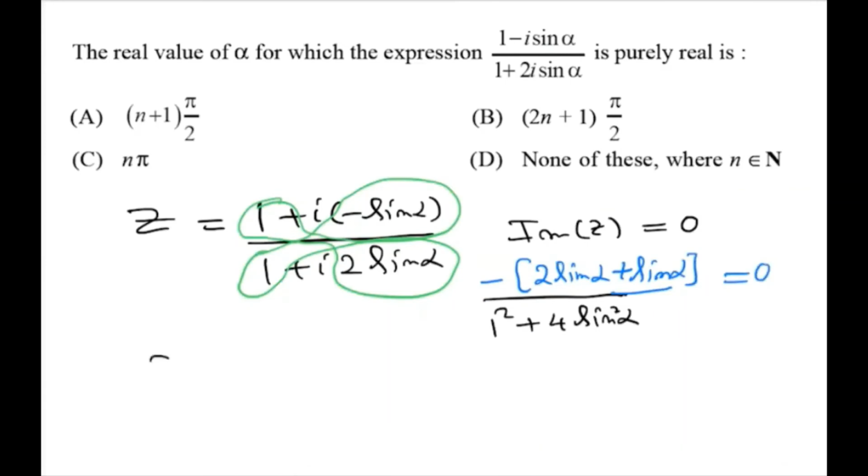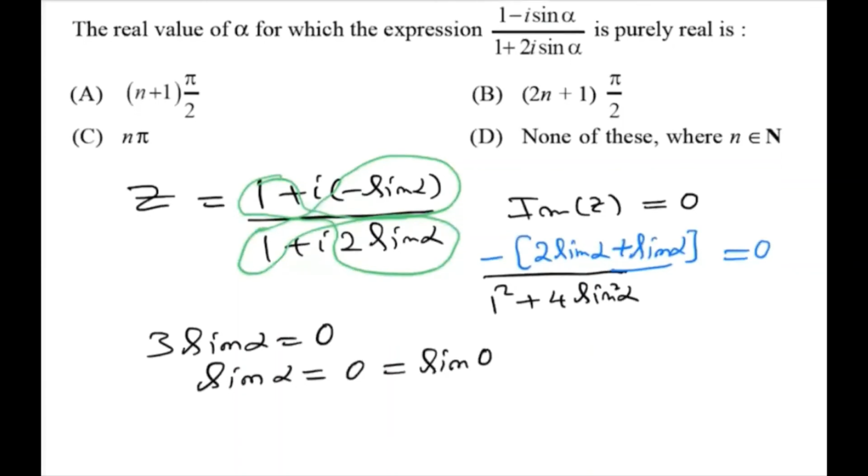Now that gives us 3 sine alpha equal to 0. Sine alpha is 0. That is sine 0 is 0. So therefore, general solution of alpha is n pi, where n belongs to Z.